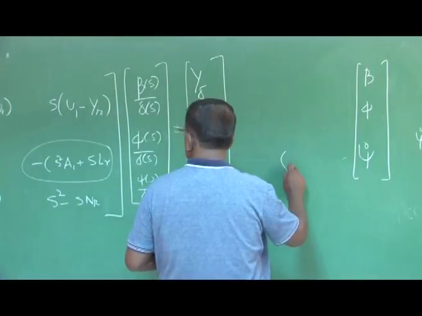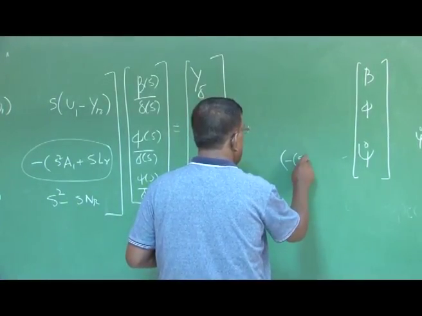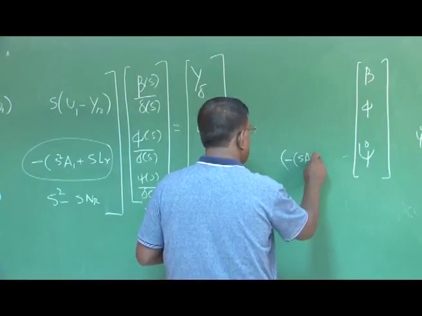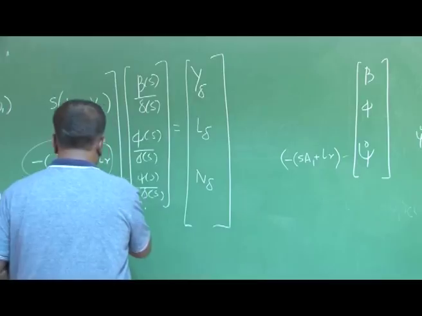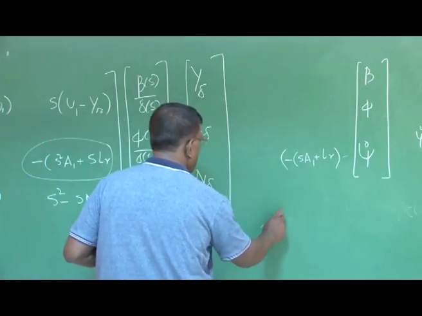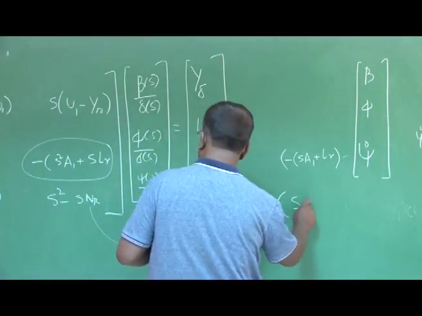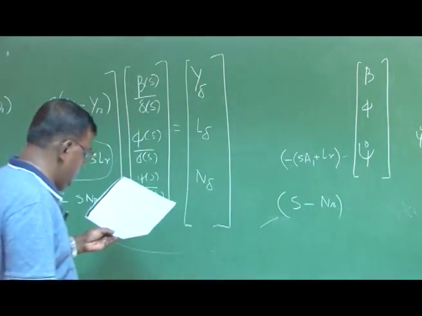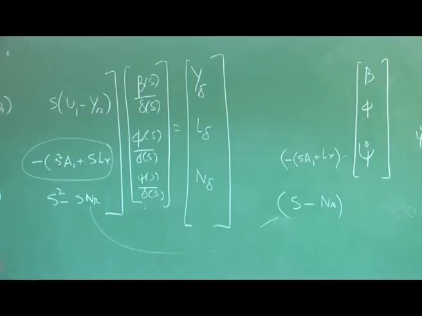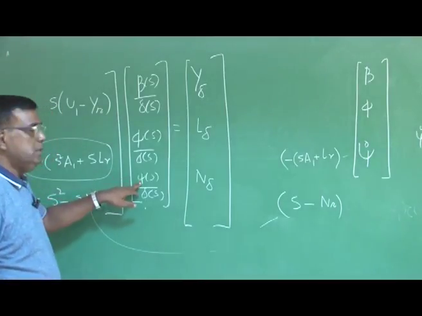So this term will be minus S A1 plus LR, and here again one S will be less, that will be S minus NR. Clear?